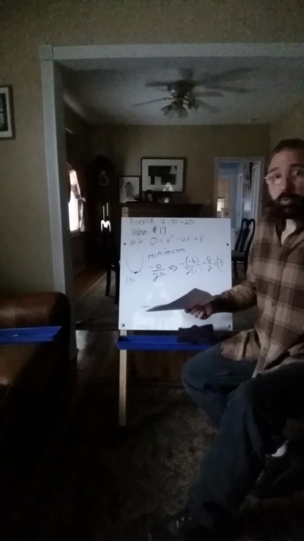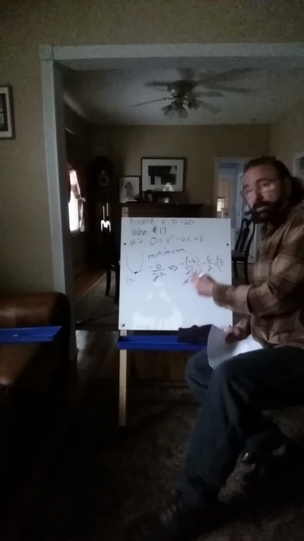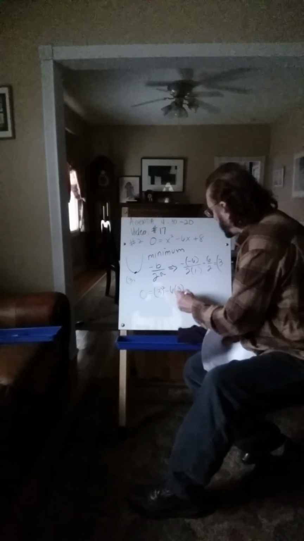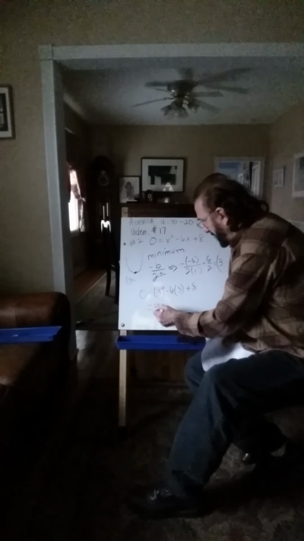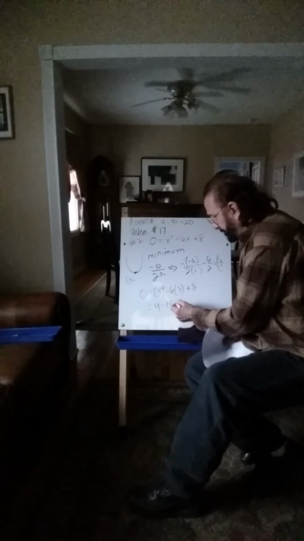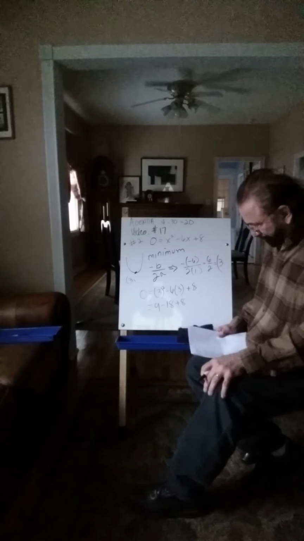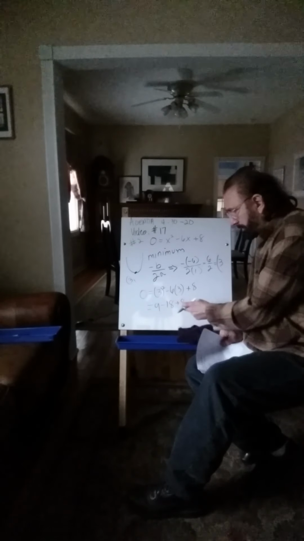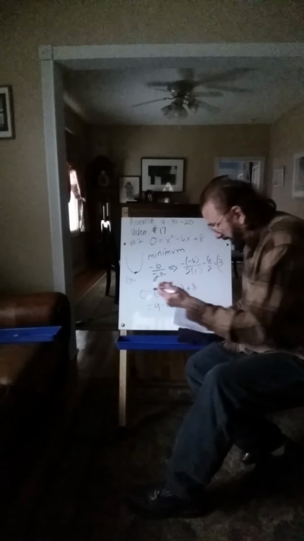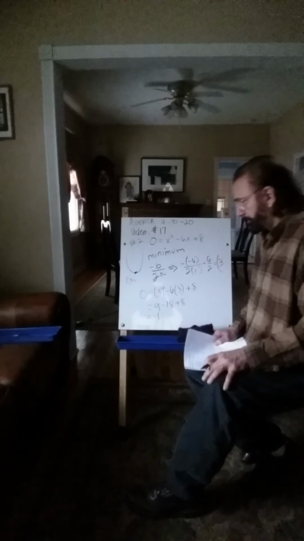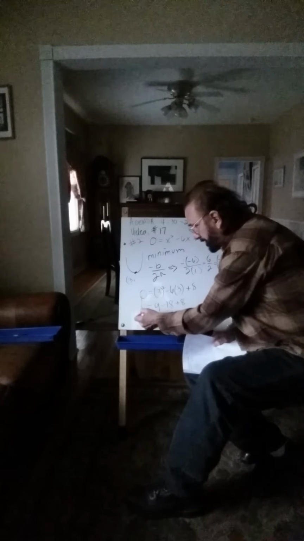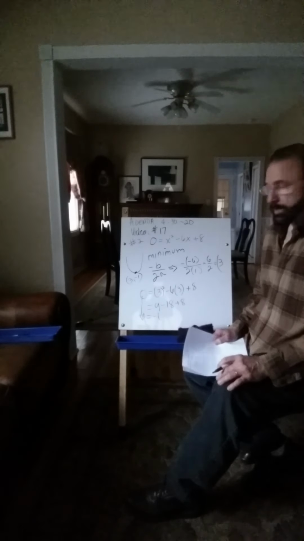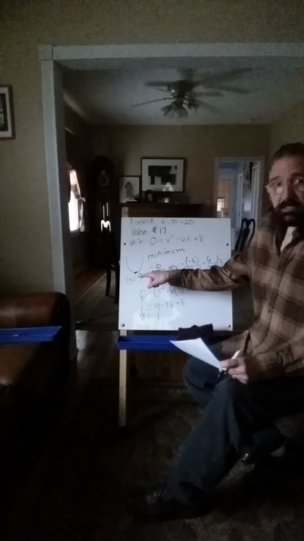Now I want to know the y-coordinate. I take that 3 and put it back into the original: 3 squared minus 6 times 3 plus 8. That's 9 minus 18 plus 8, which gives negative 9 plus 8, negative 1. So my y-coordinate is negative 1, and I know where my vertex is.